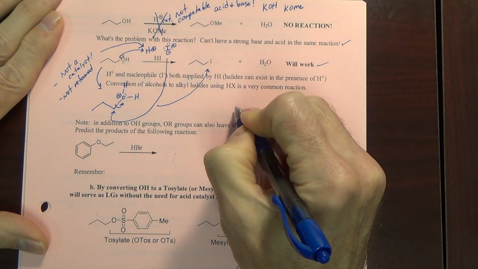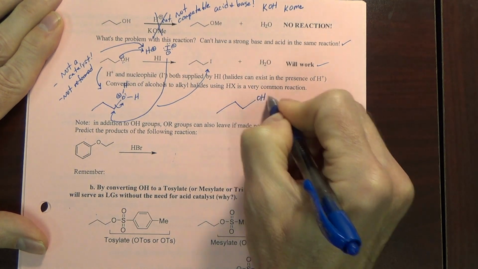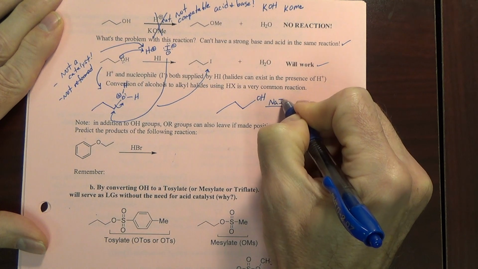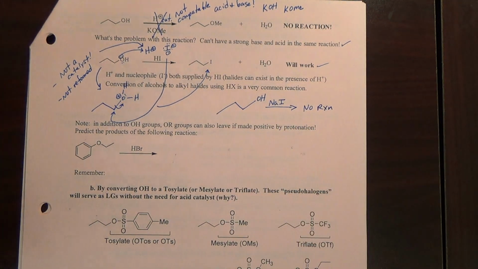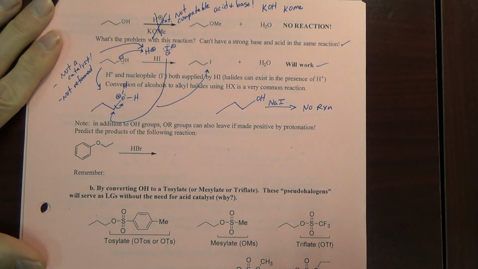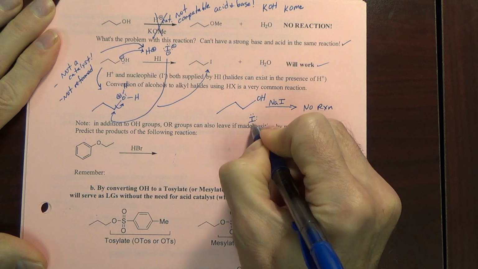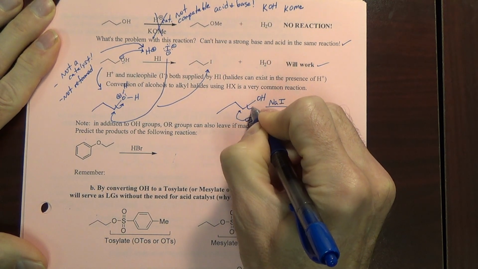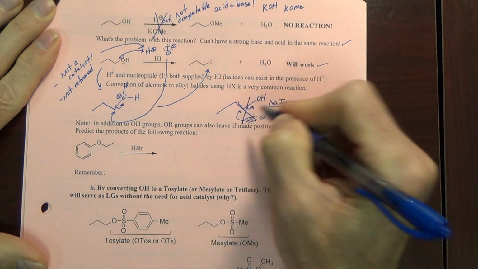Because you've got to have H plus here. If you just tried to take the alcohol and react it with like sodium iodide, there would be no reaction. Because if you tried to get just I minus to come in here and kick that off, it would not happen.